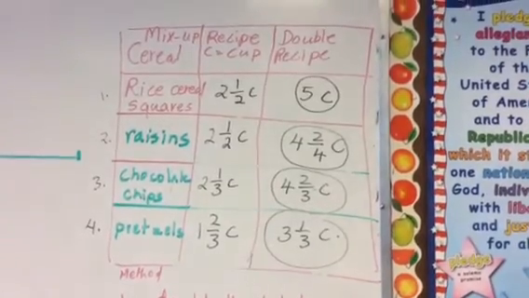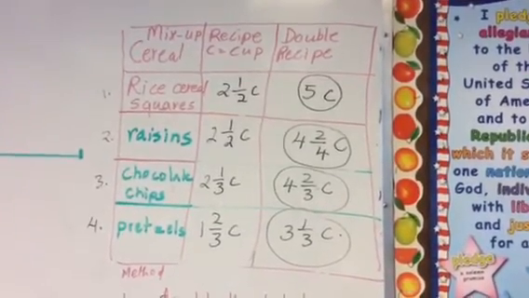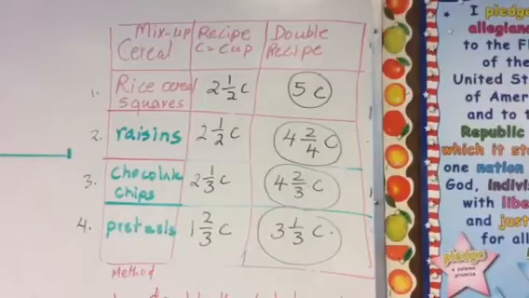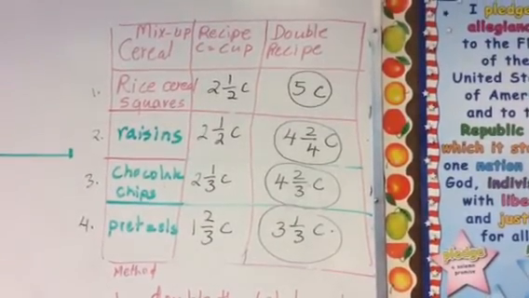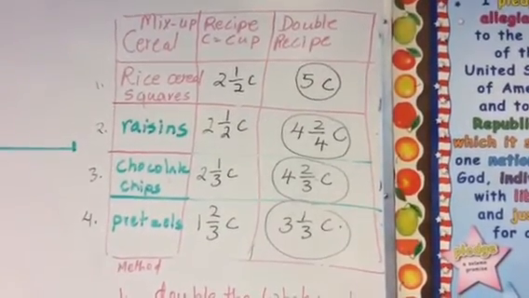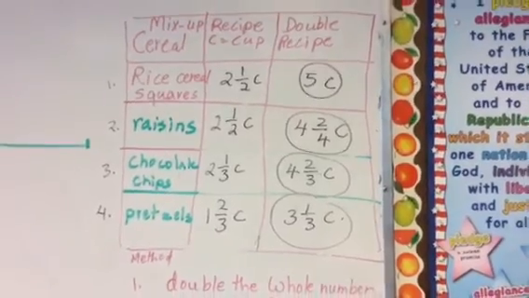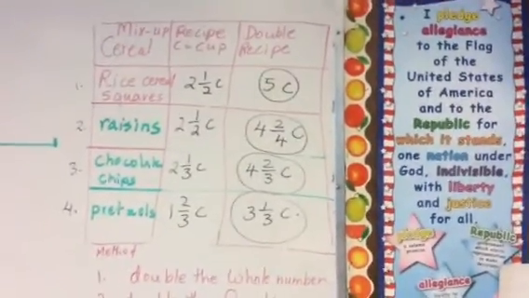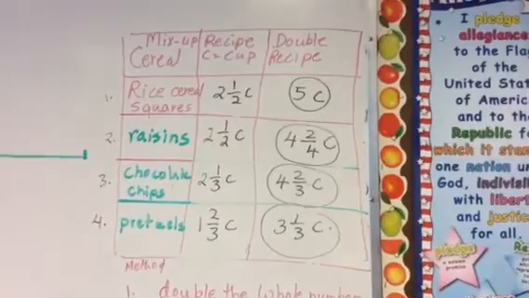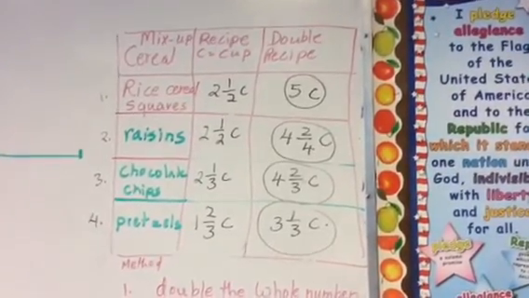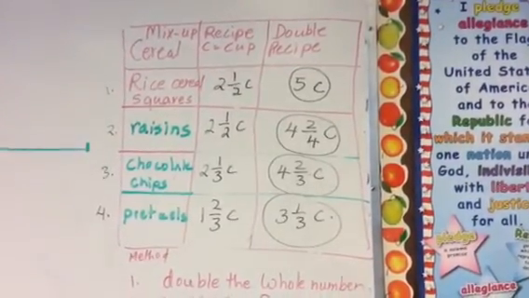That means 2.5 plus 2.5. 2 plus 2 will give you 4, and half plus half will give you 1. And 4 plus 1 is 5. I circled it because that is the answer, 5 cups. You don't have to circle it, but I'm just showing that's how I got the answer.